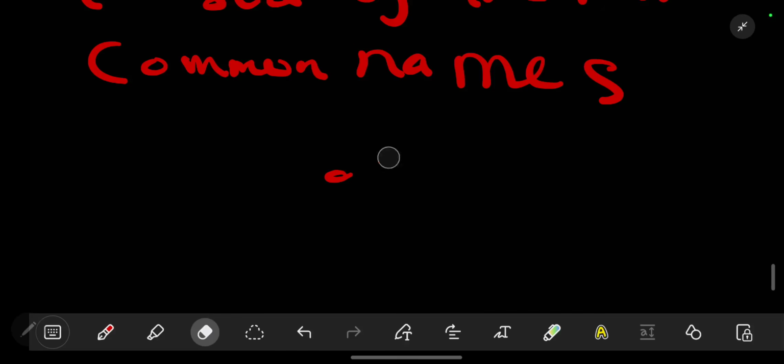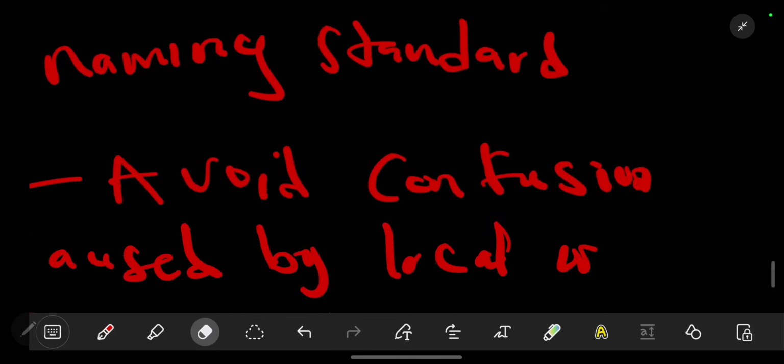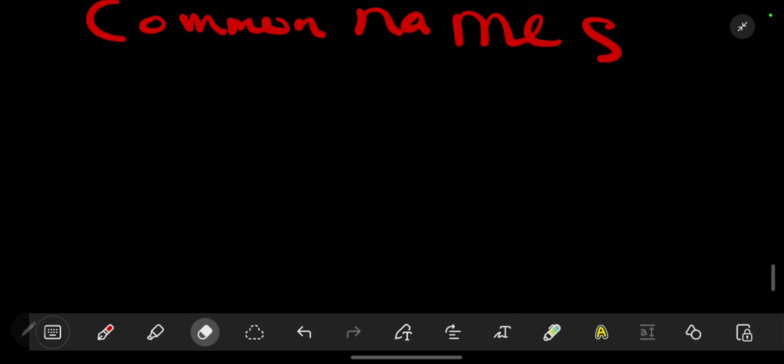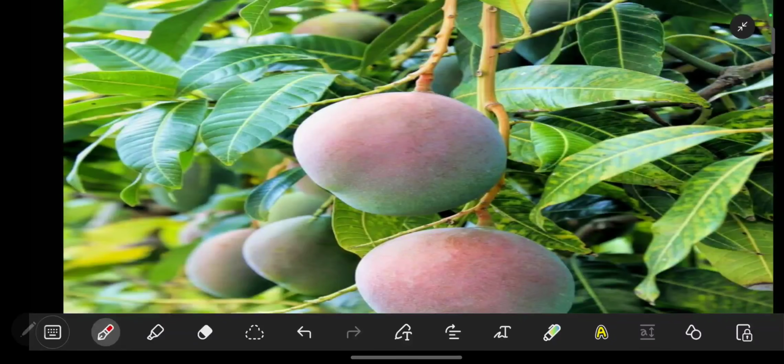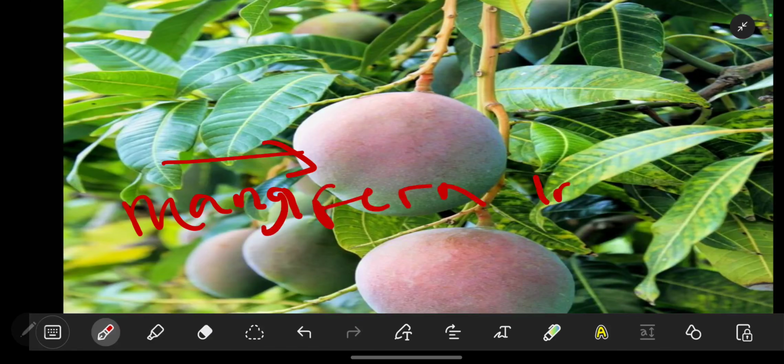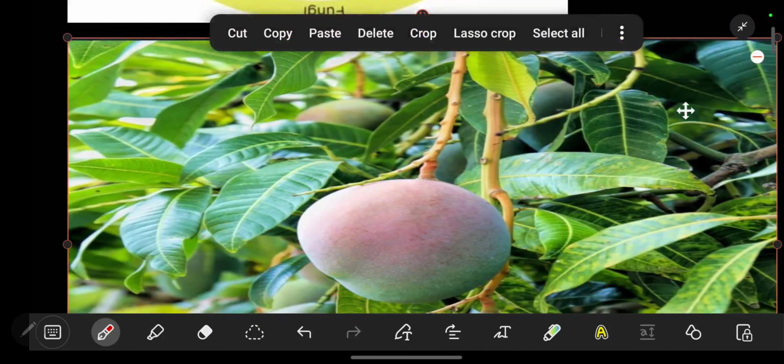The other set of rules is what we call the ICZN. If you recall, this is a mango tree. We call it Mangifera indica. Just a reminder.